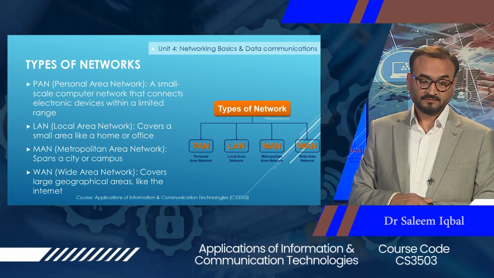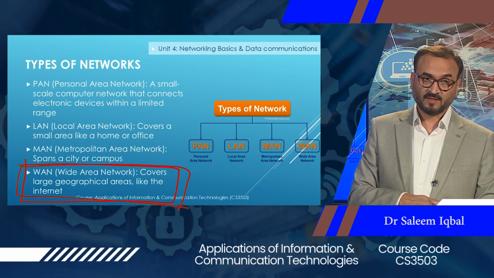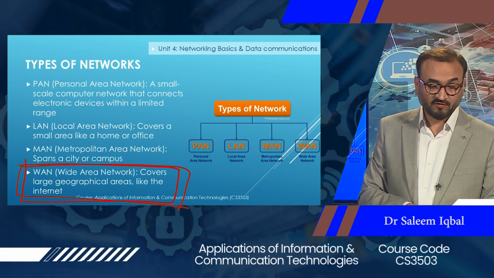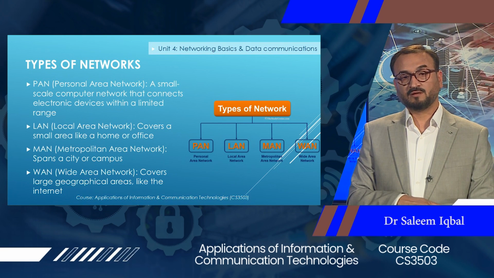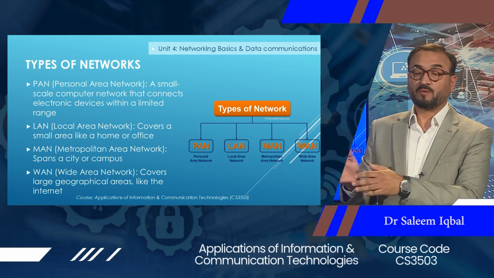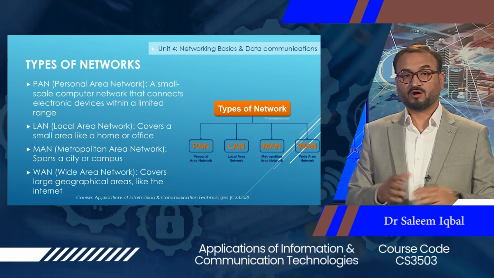And the third or the fourth, in fact, if we are talking about PAN, LAN, MAN, then it is fourth, wide area network that covers larger areas, might be the continents. And the most common example of WAN is the internet that all of us are in fact using.